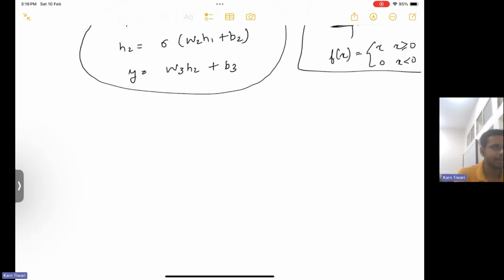There is no golden rule that you should have this many or that many. You can play with any number of neurons in between. But you should make sure that the final layer has the same dimension as what you want as output. Is it clear?